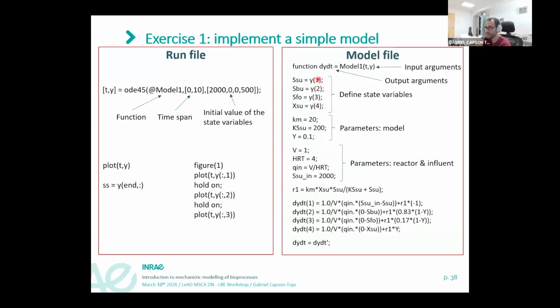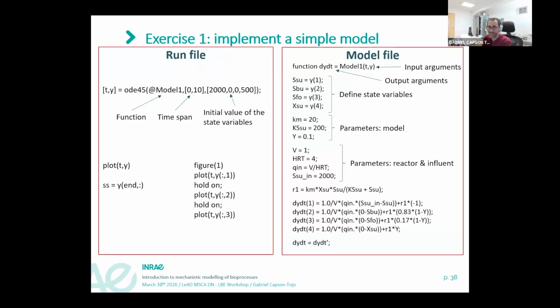So if the first is sugars, the second is butyrate, the third is formate, and the fourth is biomass, this is the order in which we need to put the values here. So the initial value in our reactor is 2000 milligrams per liter of sugars, 0 butyrate, 0 formate, and our inoculum has 500 milligrams per liter of biomass.